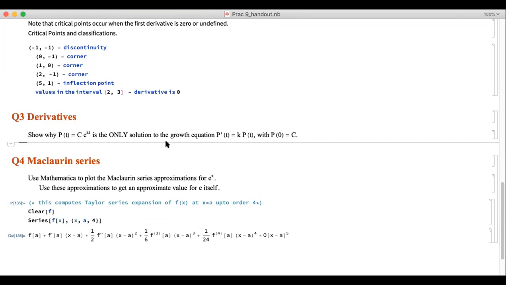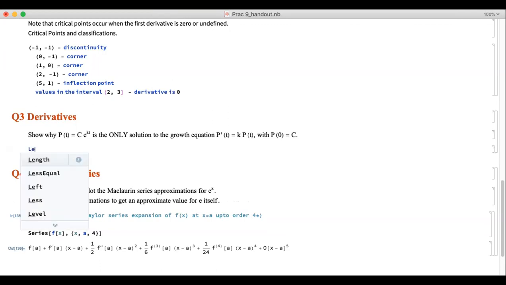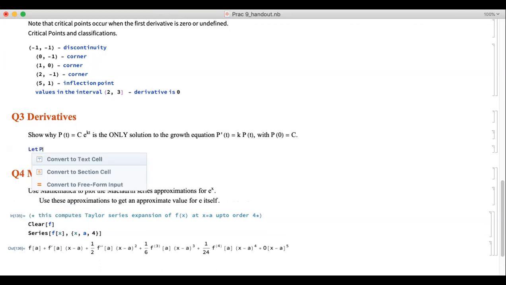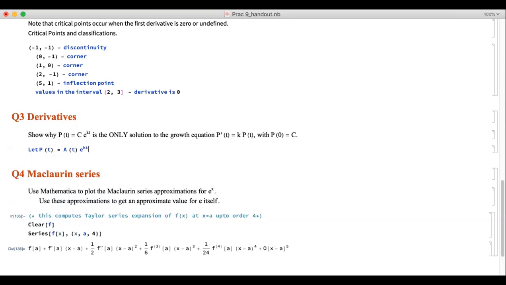Okay, I can give a hint. How about you start with P(t) equals a function a(t) times e to the power kt? How about you start with that? Okay. Take the first derivative and use this equation. What do you get?